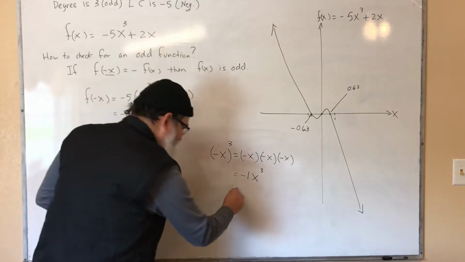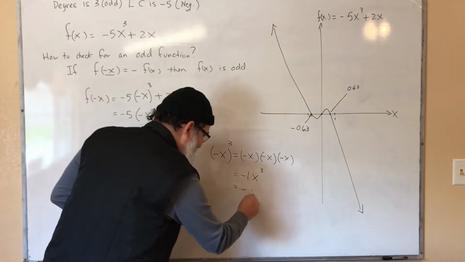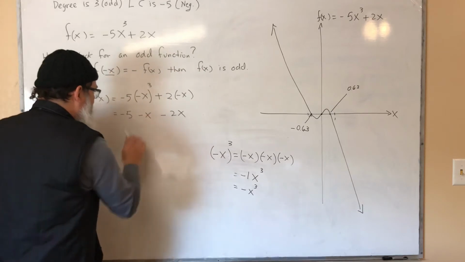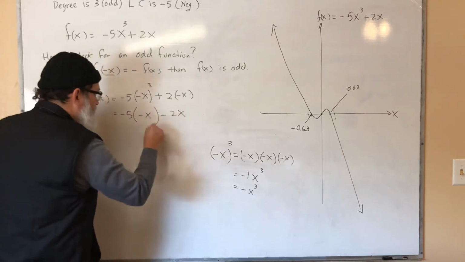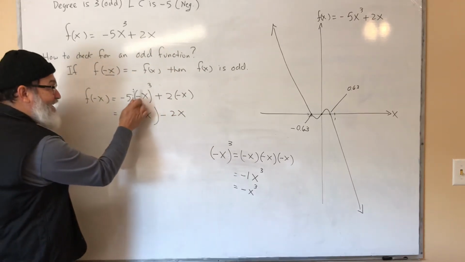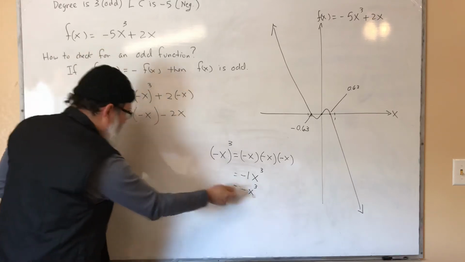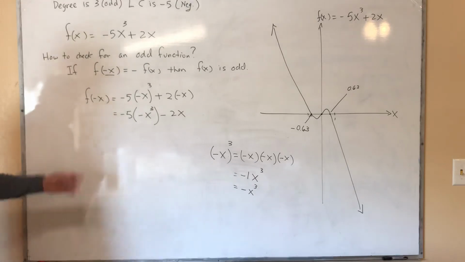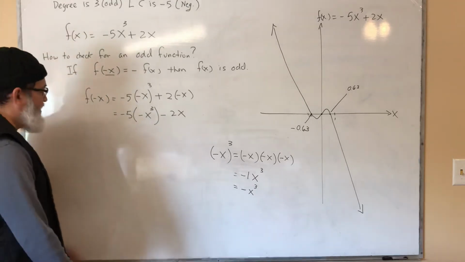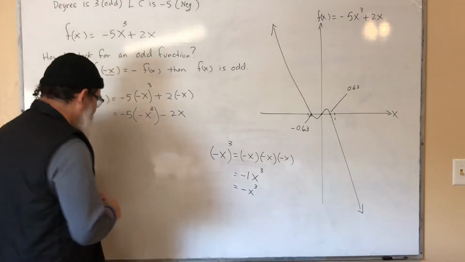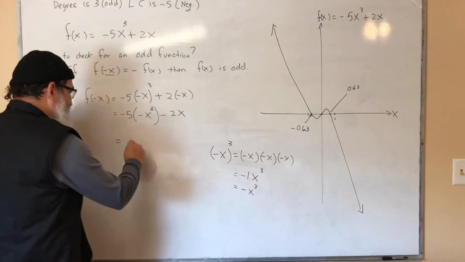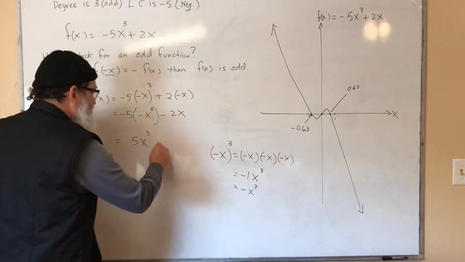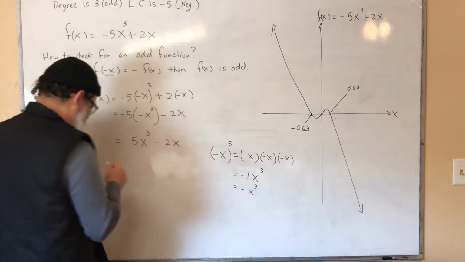So therefore, this equals negative x to the third. What's negative x to the third? Right there. And what's a negative times a negative? Equals 5x to the third minus 2x.